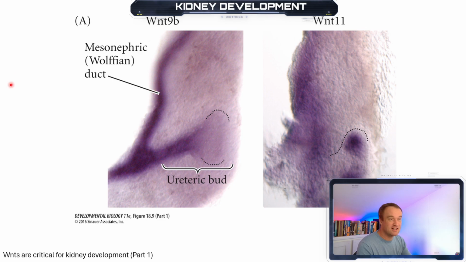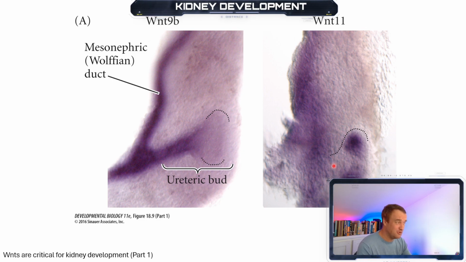So this is an 11-day-old mouse kidney where WNT9B here is found in the stalks of the ureteric bud, and WNT11 here, circle it up there, is partitioned in the metanephric mesenchyme and causes it to condense.